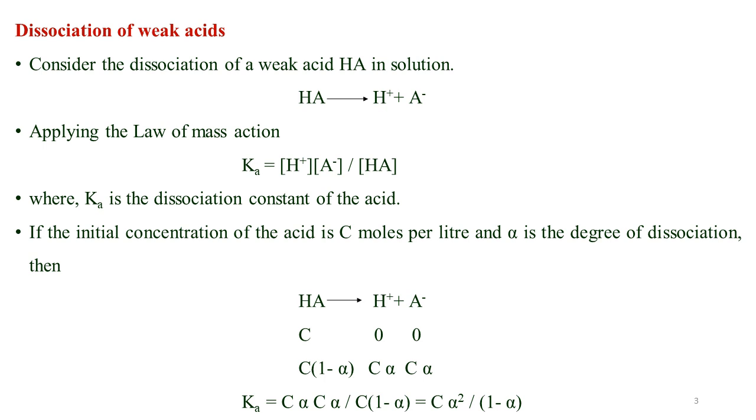After the reaction proceeds, the concentration of the reactant will be C into 1 minus alpha, and that of the products will be C alpha and C alpha. The dissociation constant Ka is equal to C alpha into C alpha divided by C into 1 minus alpha, which will be equal to C alpha squared divided by 1 minus alpha.